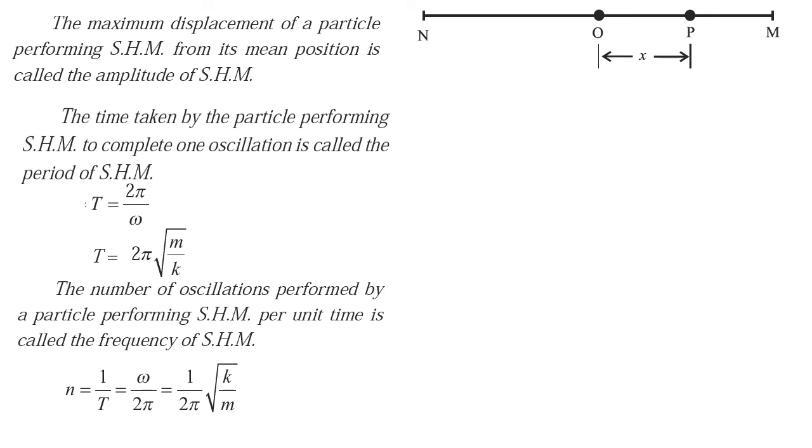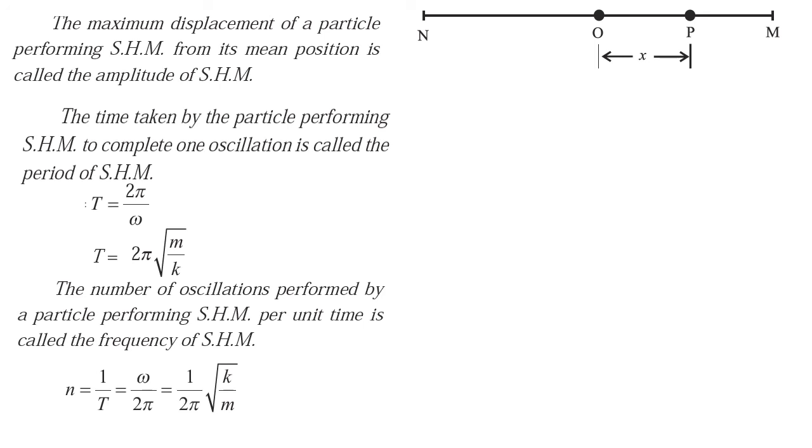So time period will be given by 2 pi upon omega. The value of omega is what? It is square root of k by m. So if omega is in the denominator, we can write time as 2 pi upon under root k upon m, and when it goes to the numerator, it will be 2 pi into under root m upon k. Now frequency: the number of oscillations performed by the particle performing SHM per unit time is known as frequency.